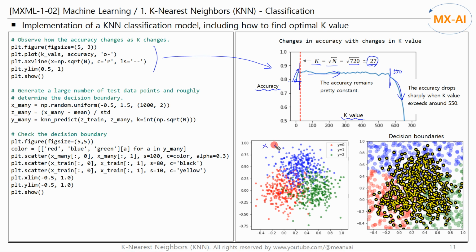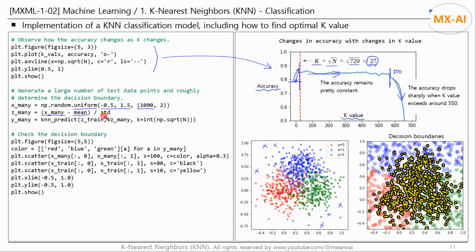Next, let's generate a lot of test data points and roughly determine the decision boundary. We use a uniform distribution to generate 1,000 test data points ranging from -0.5 to +1.5. And we normalize this test data using the z-score method.